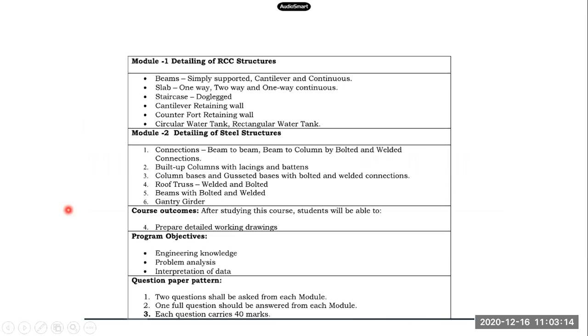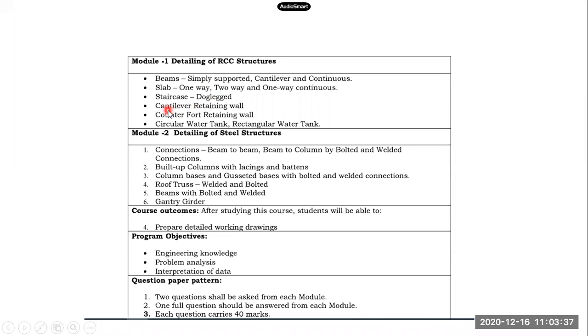You have already come across the design of these components. You have designed beams, simply supported beam and continuous beam, or a continuous slab you might have designed, and one way and two way slabs in your previous semesters, and also the design of staircase.